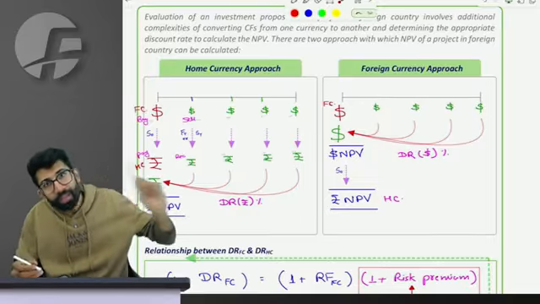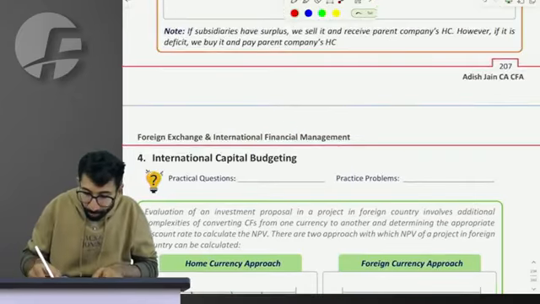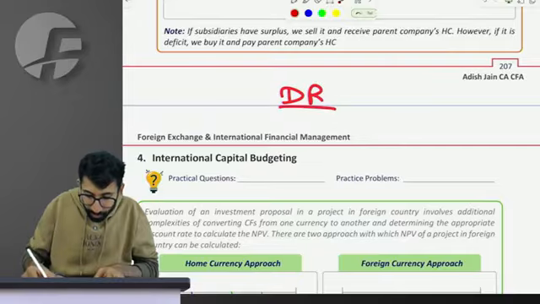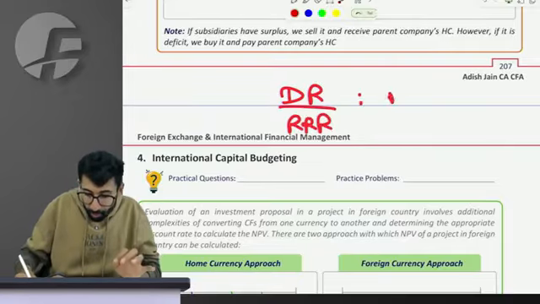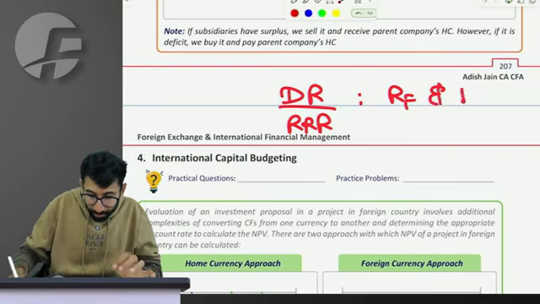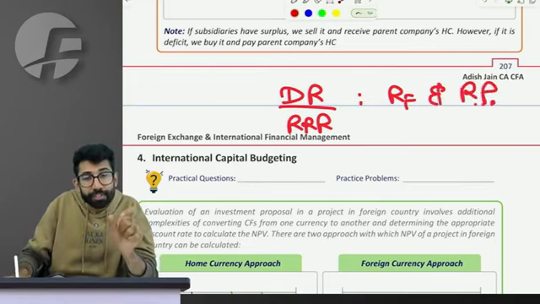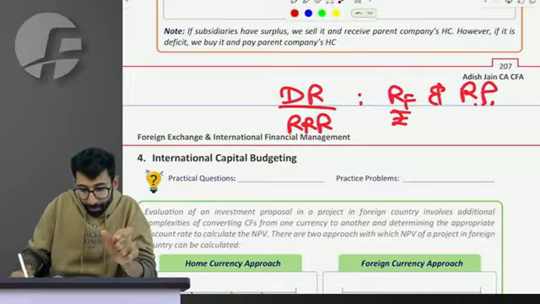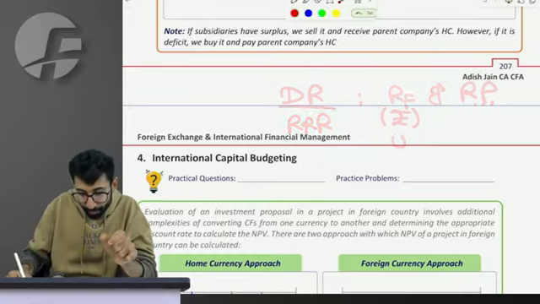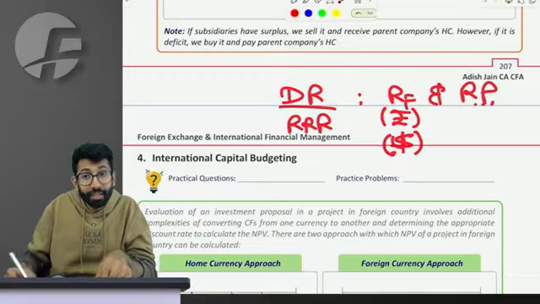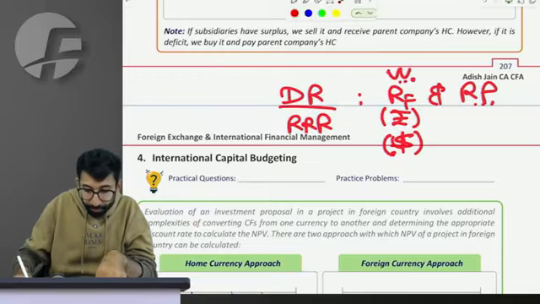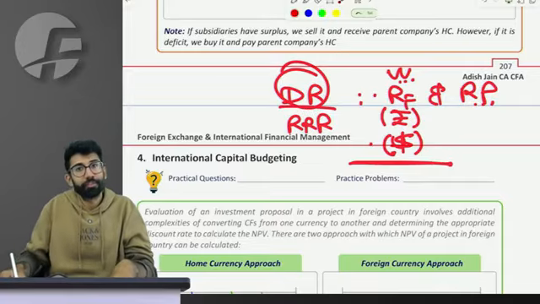If you recollect the basics, a discounting rate, which is nothing but a required rate of return, comprises a risk-free rate and a risk premium. The risk-free rate of return in India will be different from the US. So since RF is different, the discounting rates of these two currencies will also be different.